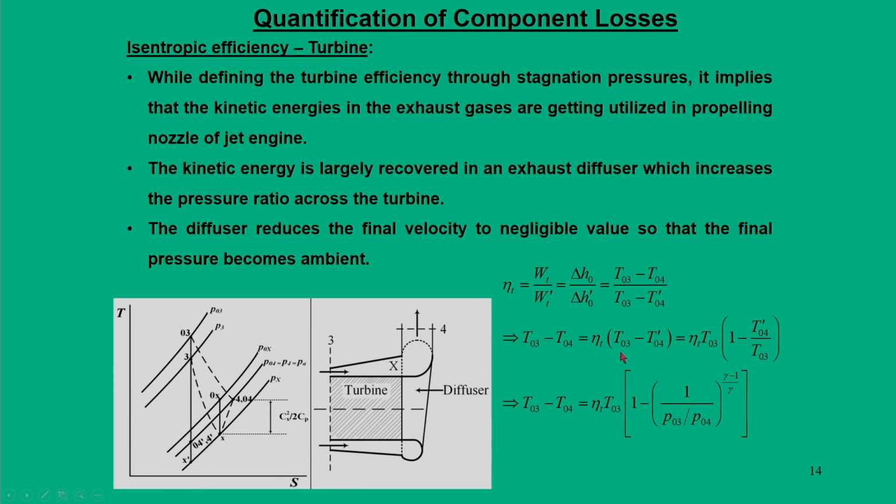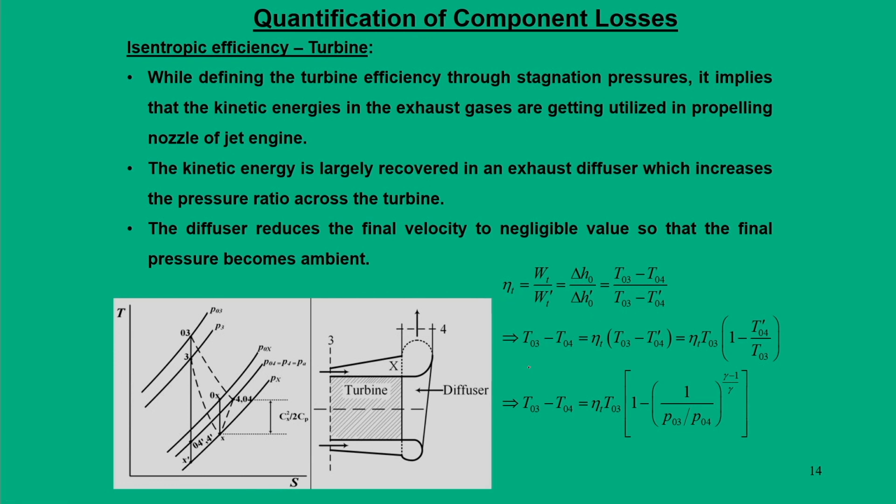In a similar sense, when you deal with a turbine, one can write the turbine efficiency as the actual work to the isentropic work. The actual work for a turbine can be represented as Cp times T naught 3 minus T naught 4, divided by Cp times T naught 3 minus T naught 4 dash, that is the isentropic work. So, Cp will get cancelled and finally we get the turbine efficiency.